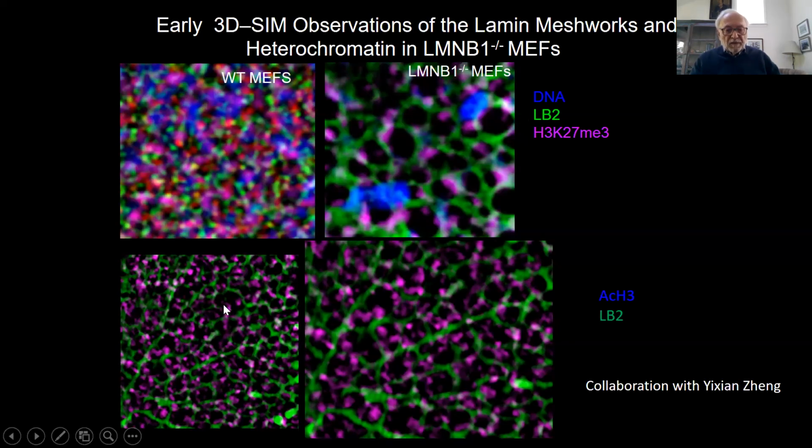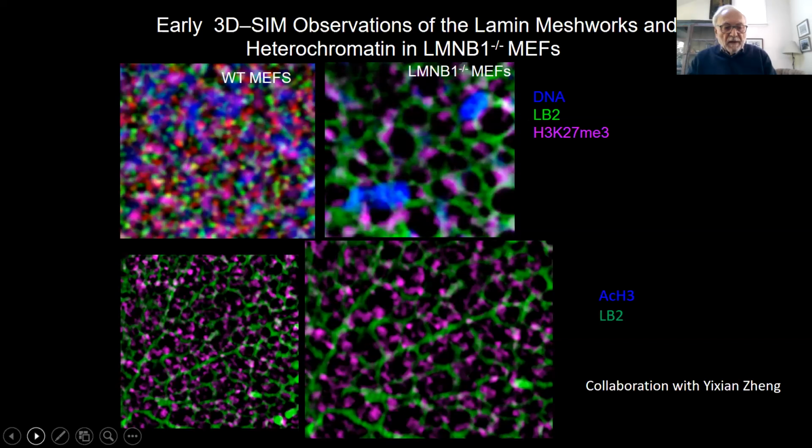And I should also mention that in these, again, in the expanded mesh of an LB1 knockout cell, MEF, we also could see acetylated histone inside the face areas. So whereas the heterochromatin lines up, the euchromatin tends to be more towards the center of the face.